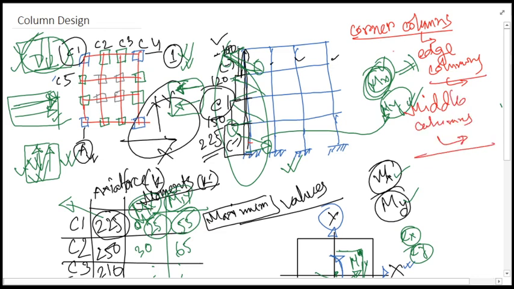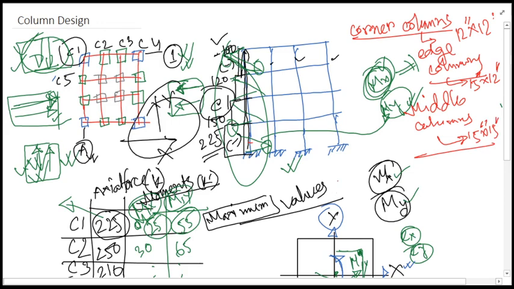So three types of fixed dimensions we'll be using for corner, edge, and middle columns. For example, you might assume 12 into 12 inch for corner columns, 15 into 12 inch for edge columns, and 15 into 15 inch for the middle columns, according to the necessity.